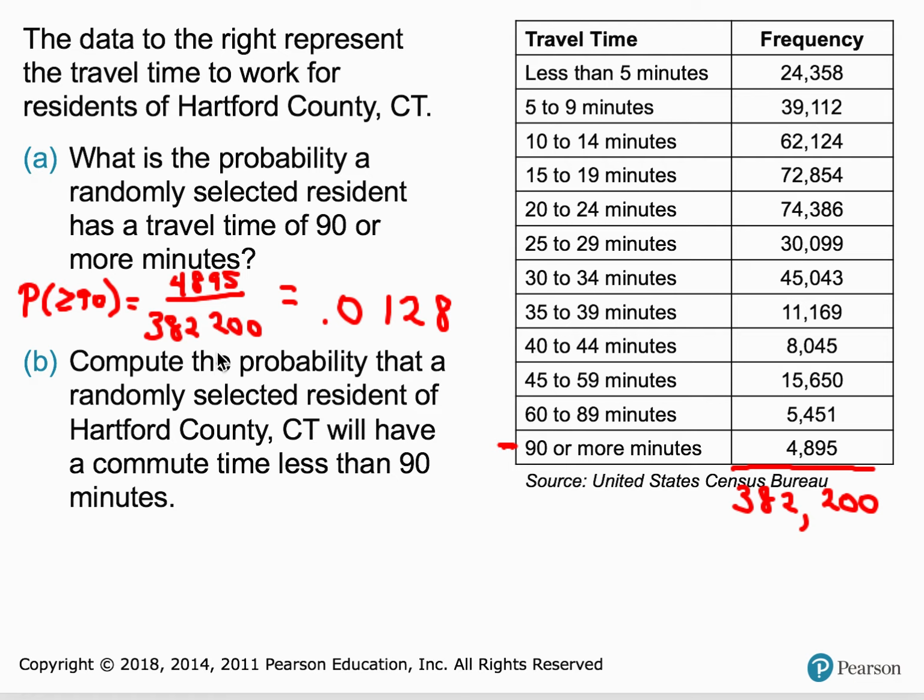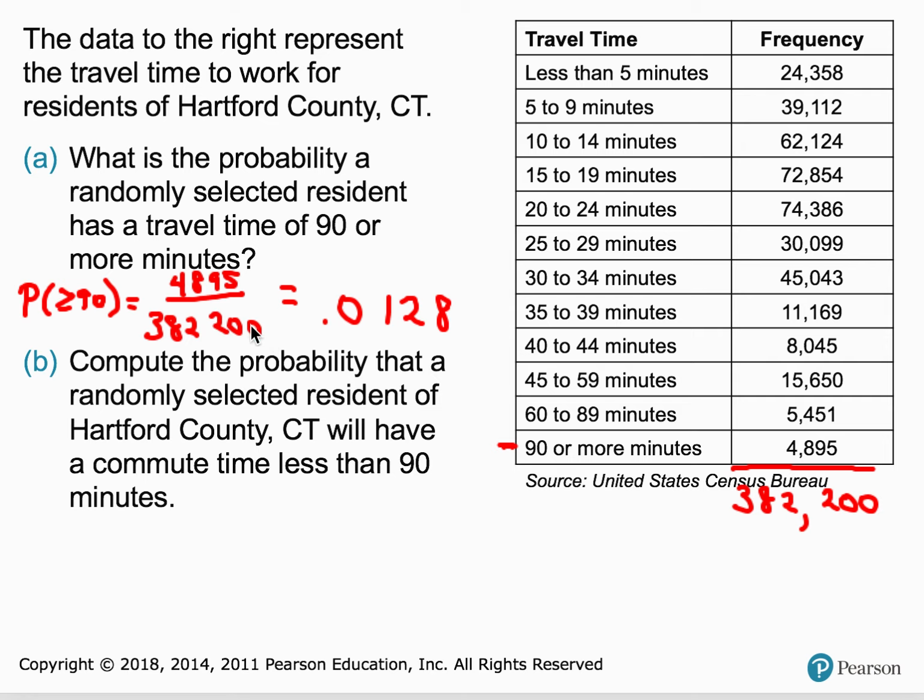Let me see what I get when I simplify this. Oh, it's one of those that's a little too big to simplify. So that was a good thing to see. If it's very big, your calculator won't simplify.